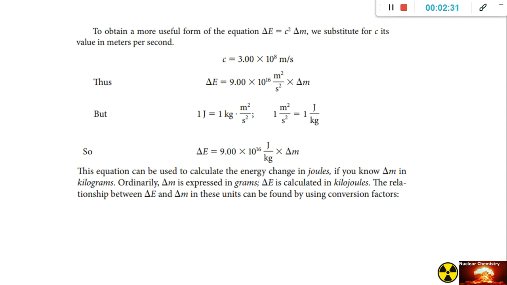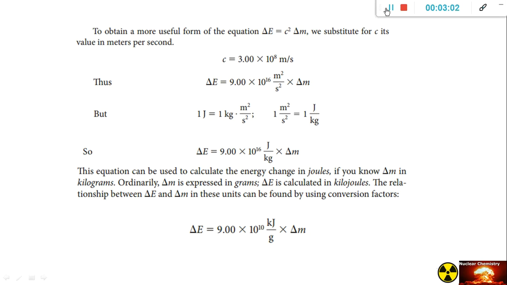Ordinarily, delta m is expressed in grams, and then delta E is calculated in kilojoules. The relationship between delta E and delta m in these units can be found using conversion factors. Delta E is equal to 9.00 times 10 raised to 10 kilojoules per gram multiplied by delta m. We should take note of this.